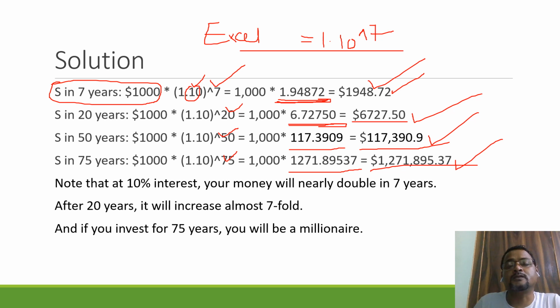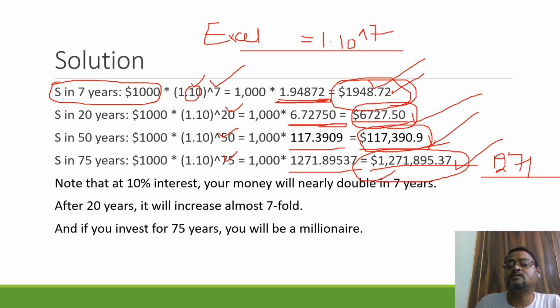You can see here in 7 years the amount nearly doubles. In 20 years the amount becomes 7 times more. In 50 years the amount becomes 120 times. In 75 years you are a millionaire. The amount becomes 102,071 times. So power of compounding increases with number of compoundings.